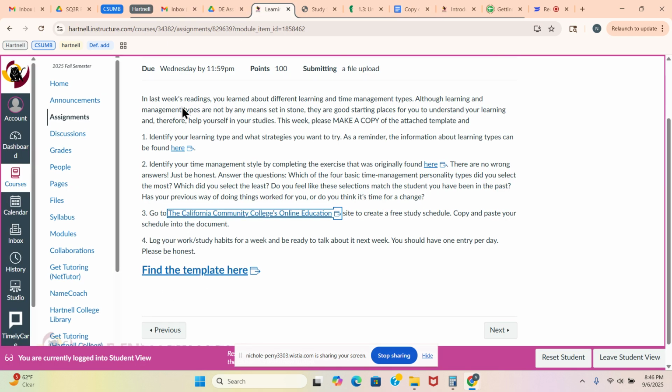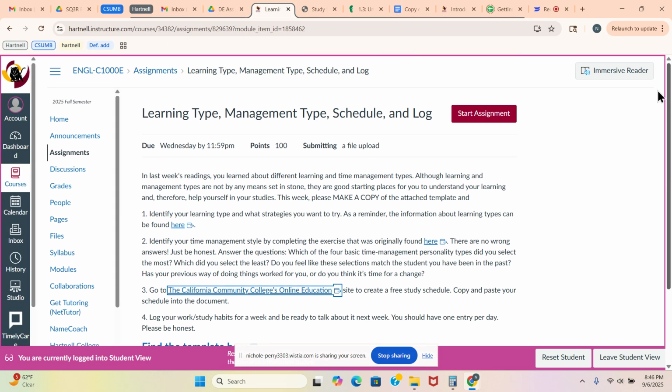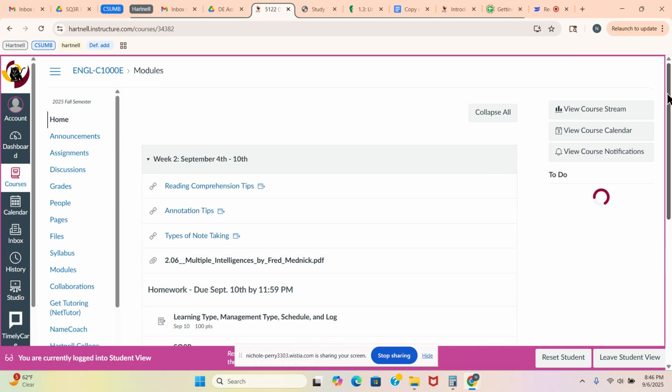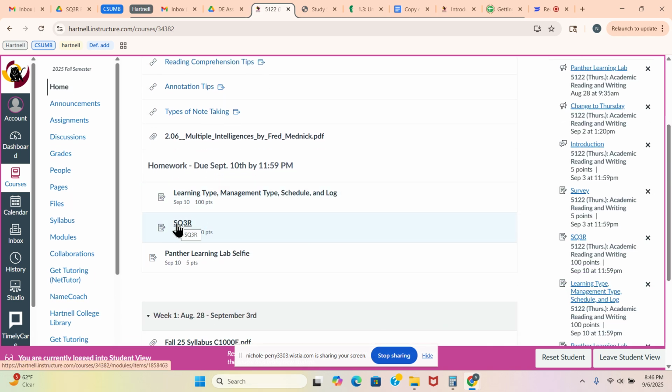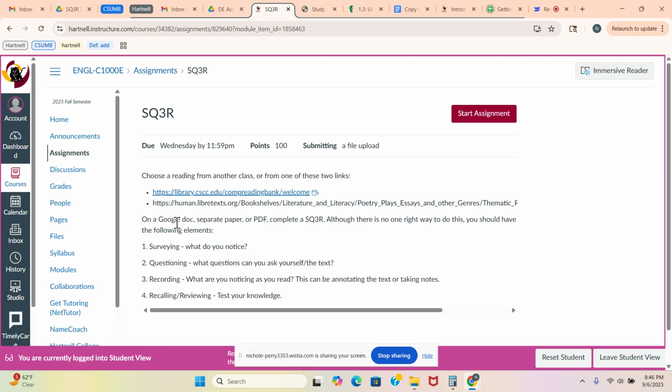Okay, so you're doing all these things. The second assignment is SQ3R. So there were different readings that you did on the week before.